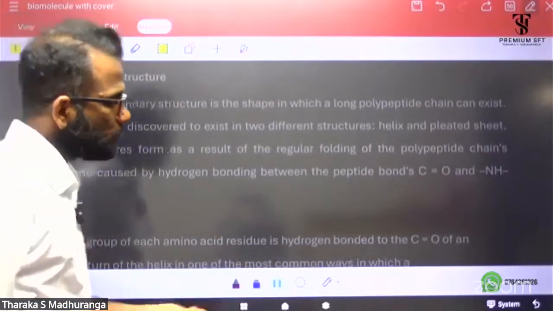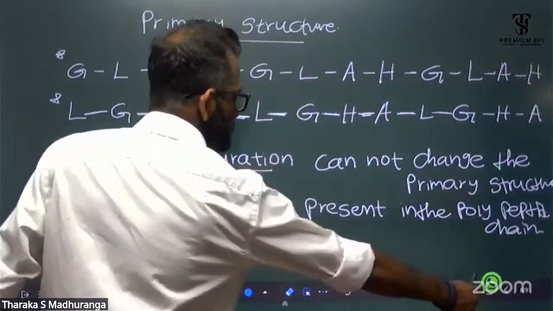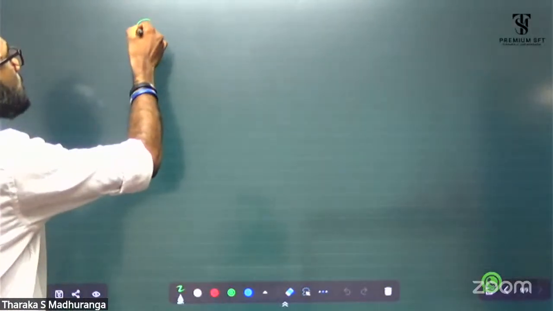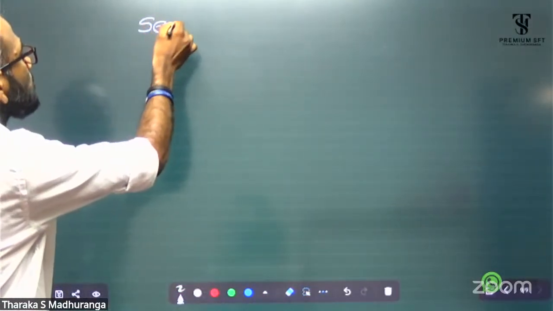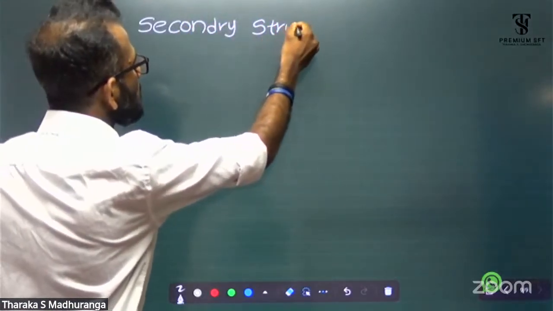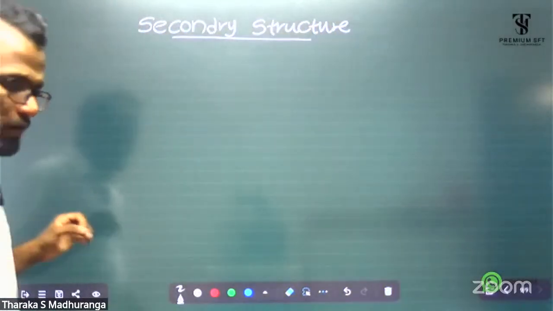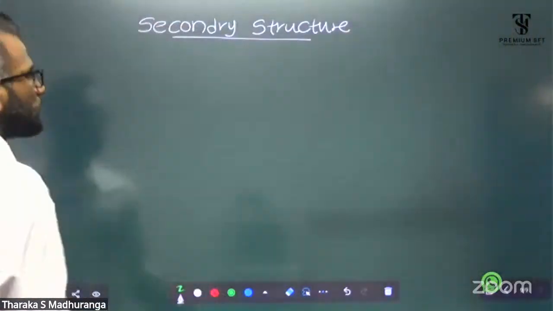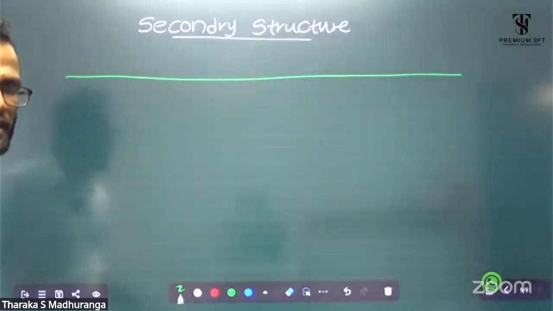Okay, let's come to secondary structure. Now it is simple. If you understood primary structure, other structures are simple. Primary structure means polypeptide chains.